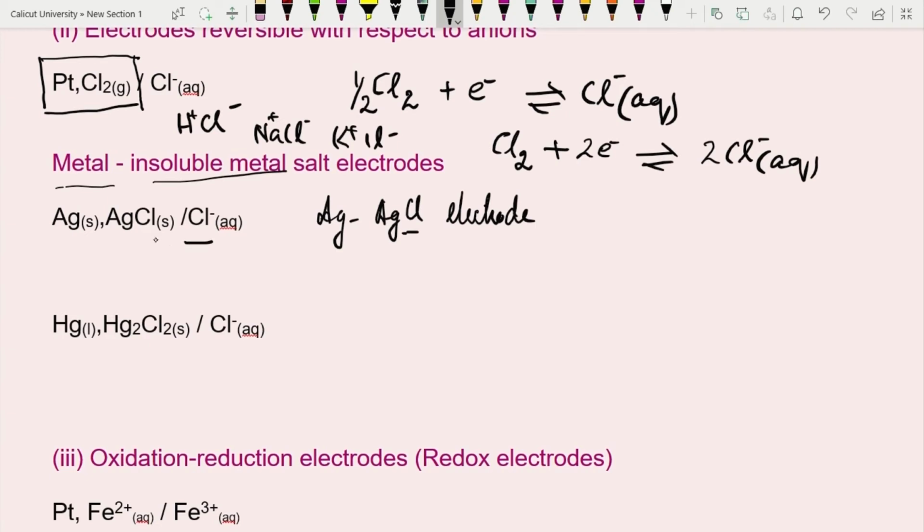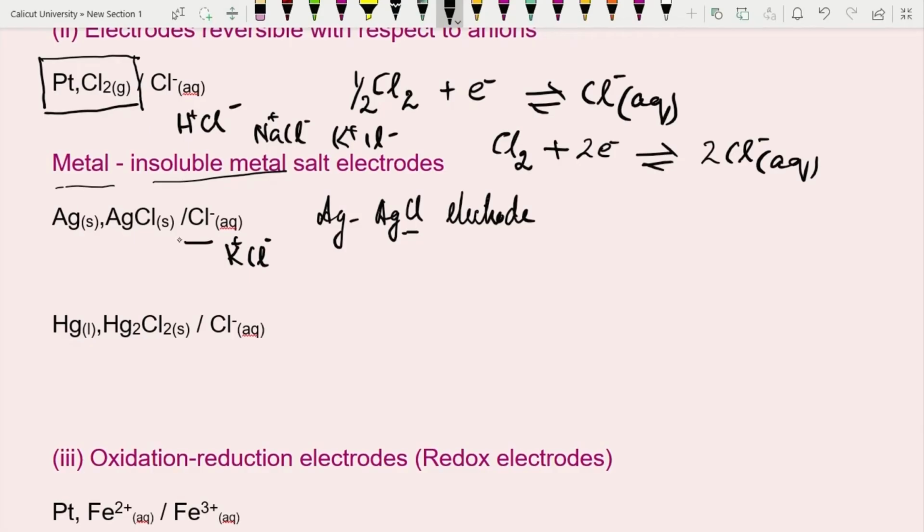The chloride ions again, usually what we take is the KCl solution. Here you can have K plus and Cl minus ions. So, it contains chloride ion, and therefore, this can be considered as the silver chloride electrode.